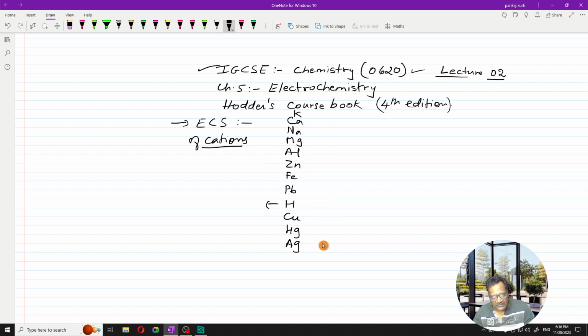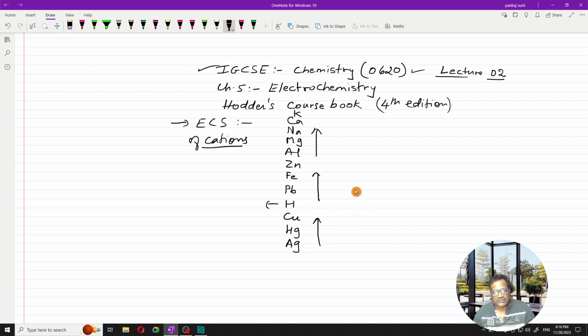If you go from bottom to top in this direction, what is happening, I'll tell you. The ease with which the elements are going to lose their electrons is going to increase.